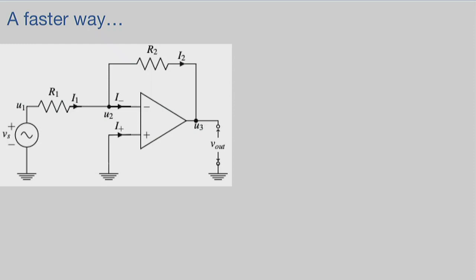We say, okay, this is a negative feedback. We already did this. Now, if I know that it's a negative feedback, that means that golden rule number 2 applies. And because of golden rule number 2, I can write u plus equals u minus.